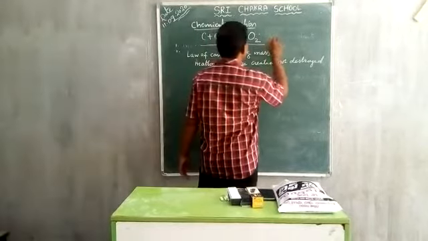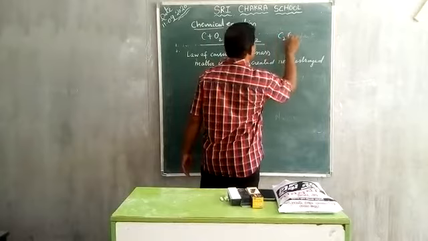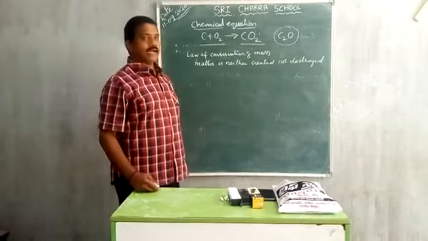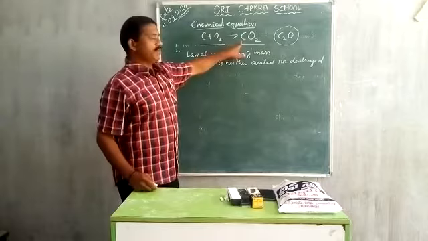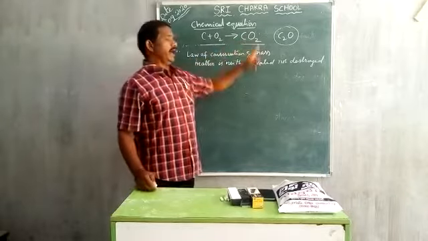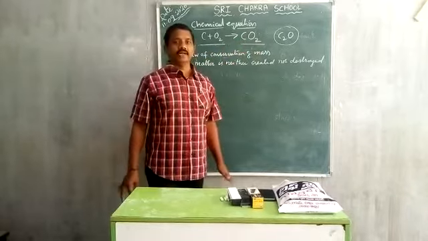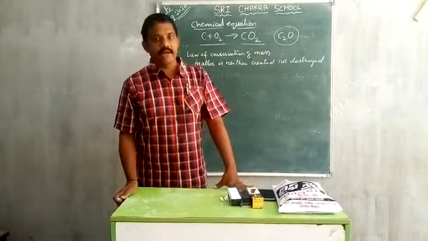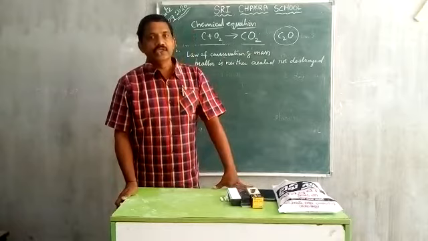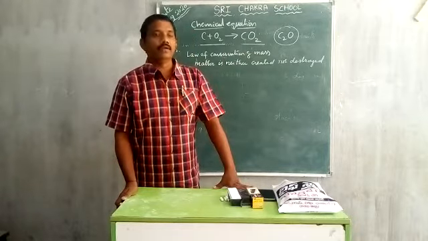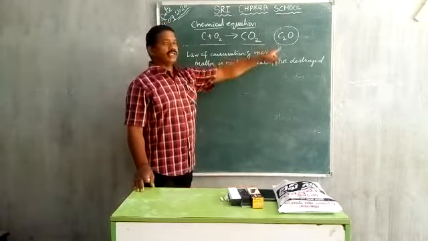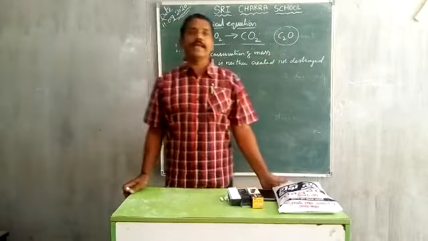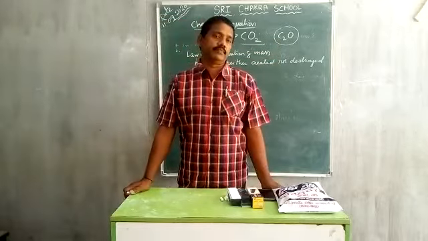Like if you write C2O instead of CO2, it is not carbon dioxide. Carbon dioxide means there must be one atom of carbon and two atoms of oxygen. You cannot write C2O. So, formula of a compound cannot be altered.